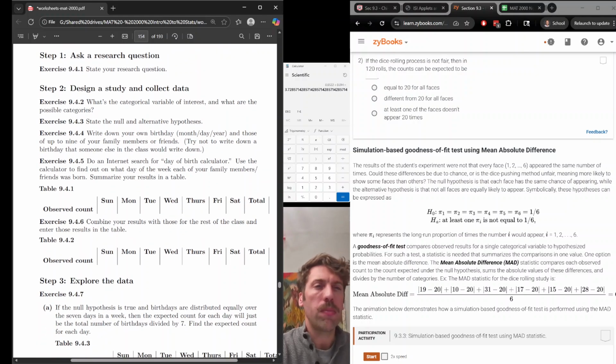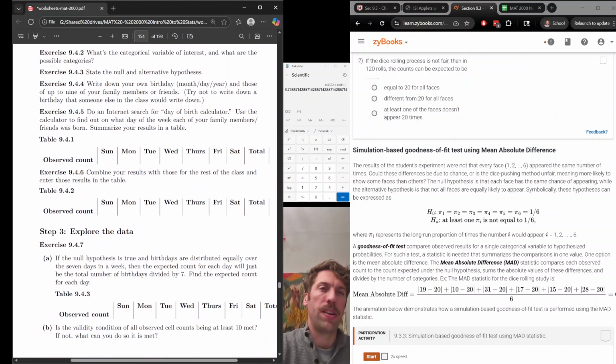For number 4, write down your own birthday and those of up to 9 of your family members or friends. Number 5 is similar: do an internet search for day of birth calculator, and use that to calculate the day of the week for those birthdays. You should have answered those in the survey question already. For number 6, combine your results with those for the rest of the class and enter those results in the table.